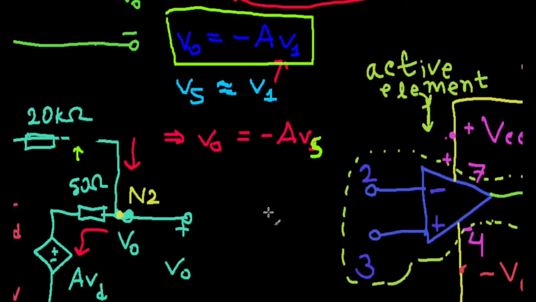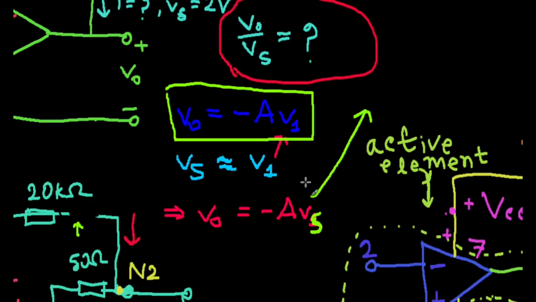Before that, I'll show you the reason why we might think this is good. This gives us the gain pretty easily: V naught by Vs is going to be equal to negative A. And it's a pretty large gain.